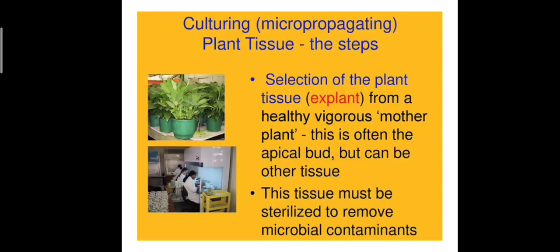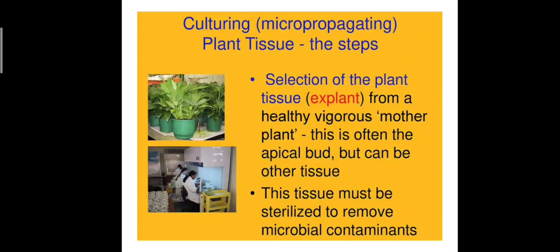Inoculation is the process of transfer of these sterilized explants to the nutrient medium in aseptic conditions. So this inoculation process is done in aseptic conditions, for which we use the laminar airflow chamber. After inoculation, the culture vials are kept in the culture room, or they are incubated.